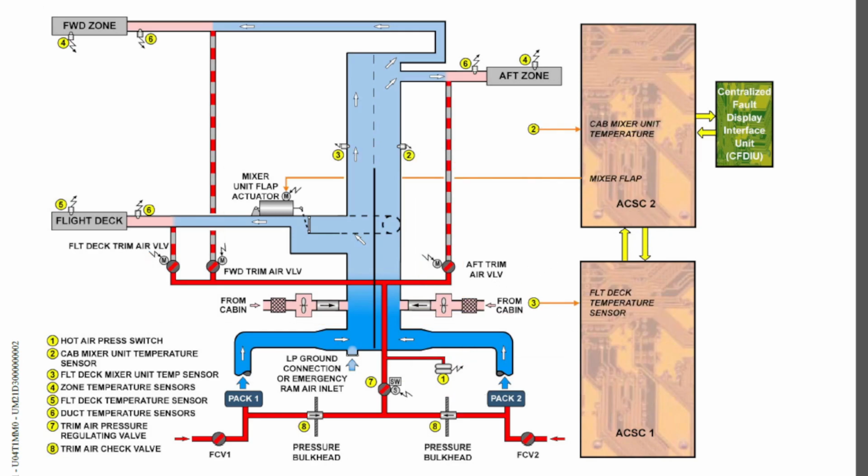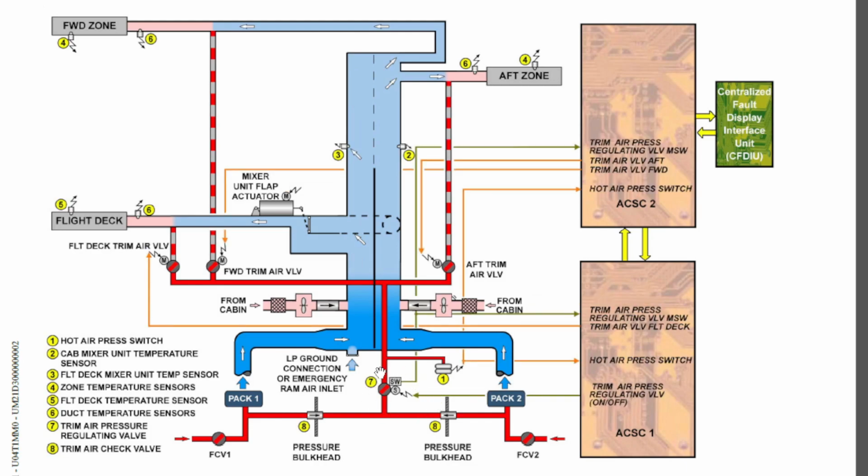And there's another thing when it comes to the trim air valves. Whenever the trim air pressure regulating valve closes, the trim air valves will close. That is an automatic feature. So when this closes, all 3 valves of the trim air system will close.